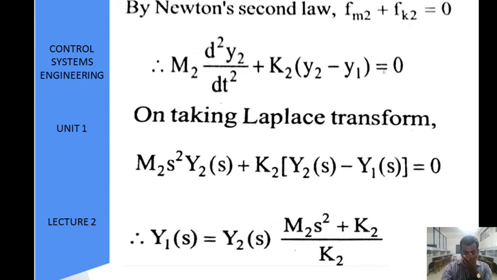We need to calculate the value of Y1(s). Therefore Y1(s) equals Y2(s) into (m2 s square plus k2) by k2. So this is the value of Y1(s).